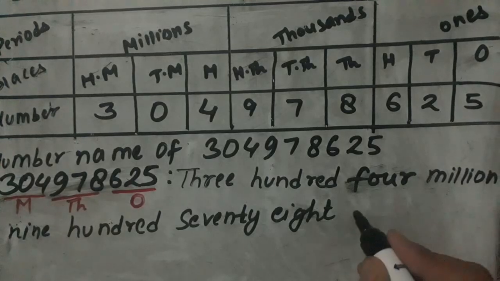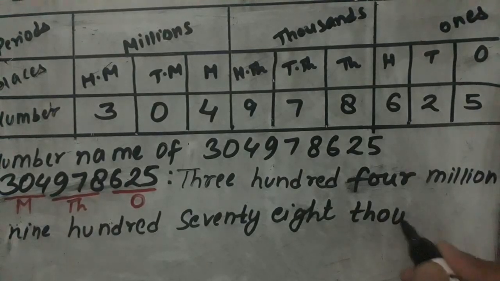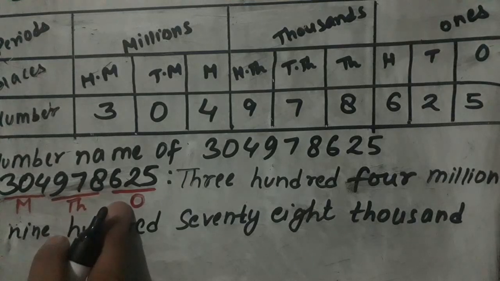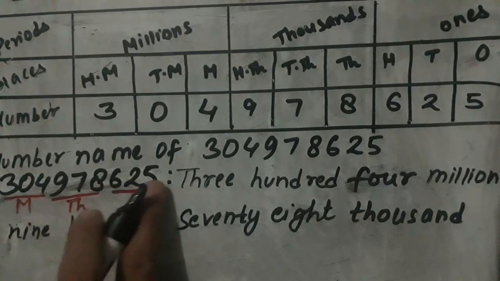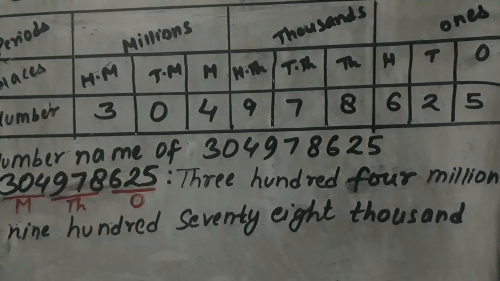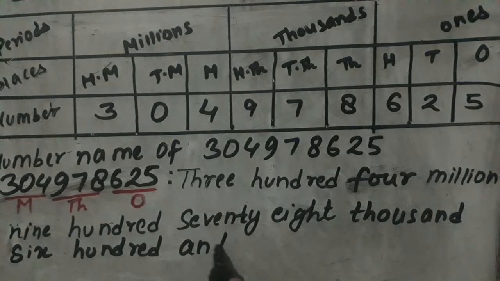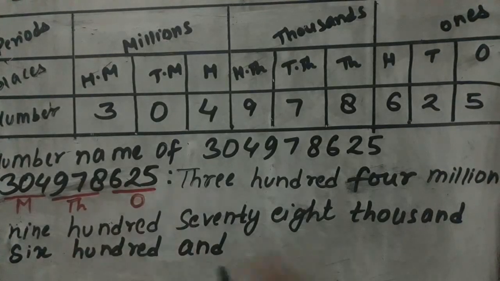So therefore we need to write thousand. So 978 thousand. Now students, after thousand, the period of ones occurs. In the period of ones we can see 6, 2, 5. So students, 6, 2, 5 means 625. 600 and 25, 625.